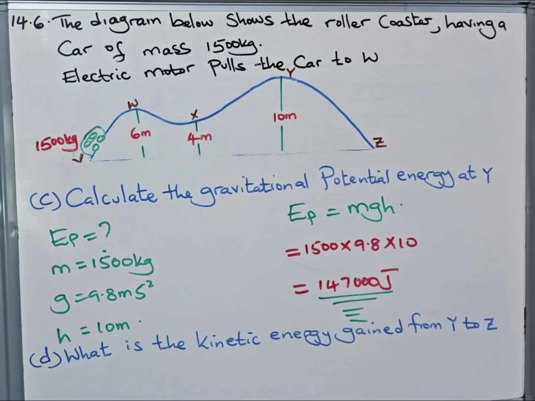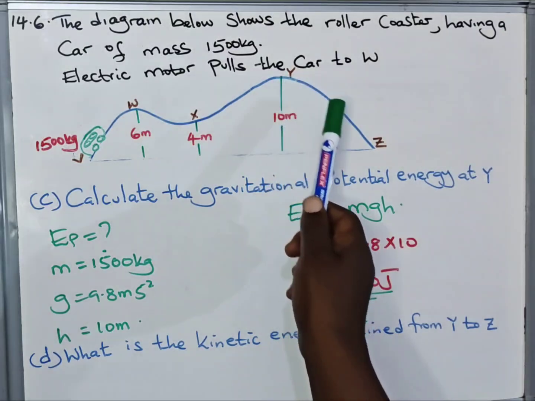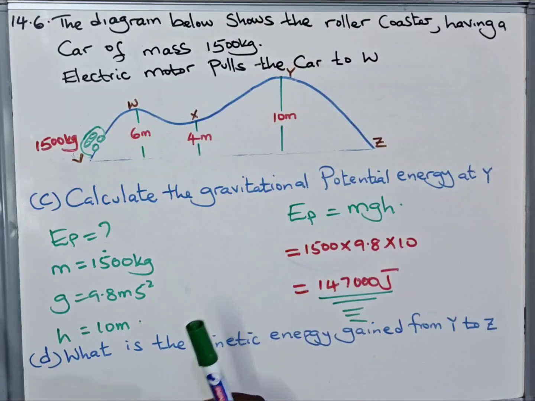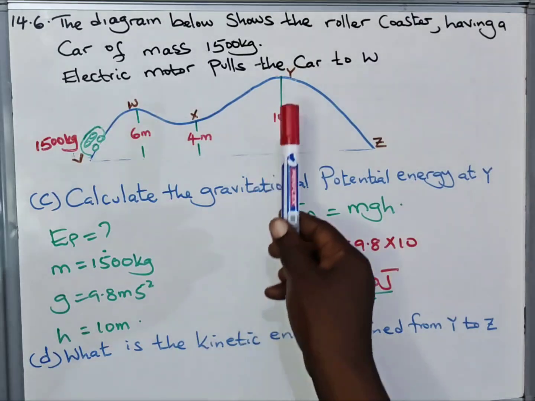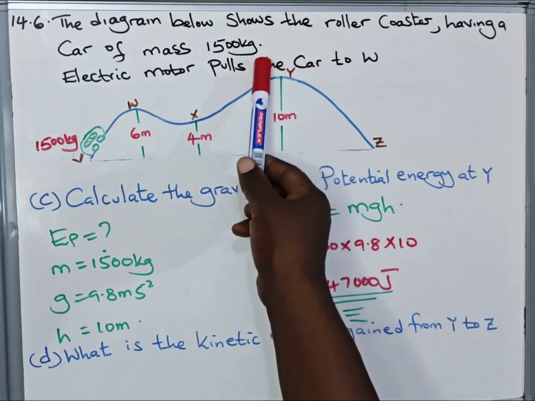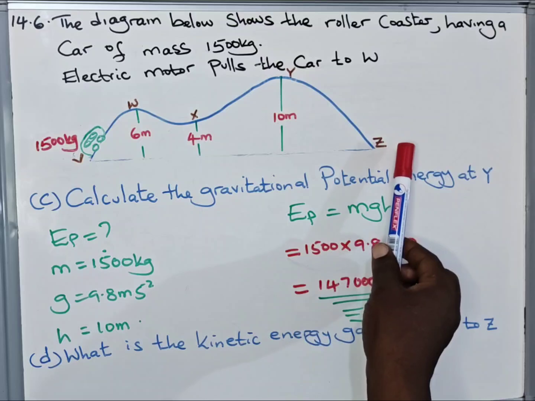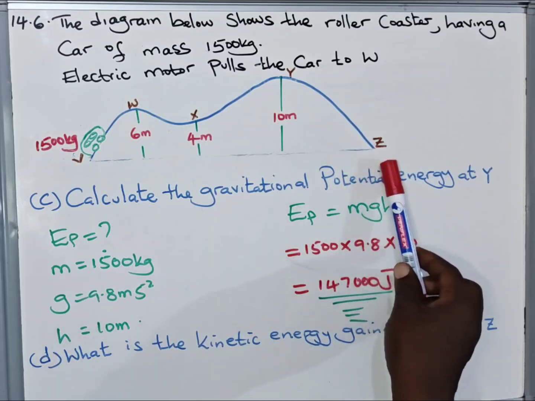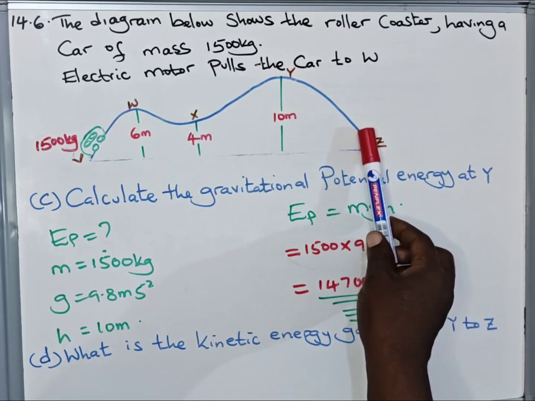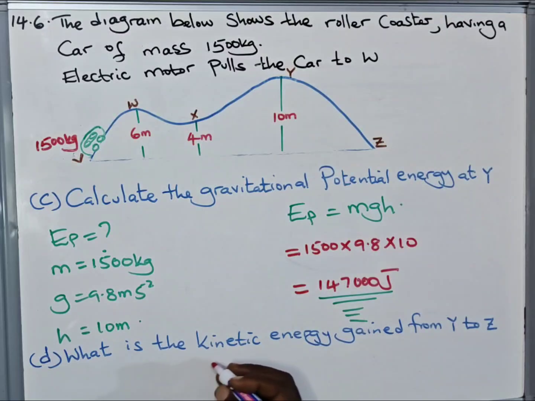Okay, you have to remember this is Y, this is Z. Because mechanical energy is conserved, the whole amount of potential energy at Y is the one which is converted into kinetic energy at Z. So the answer here is going to be the same: 147,000 joules.